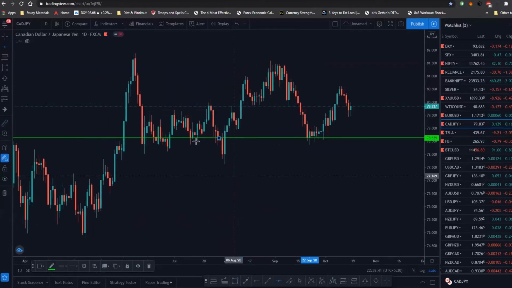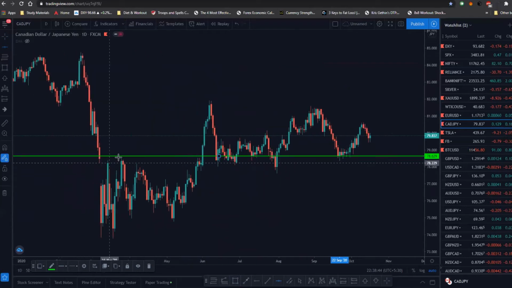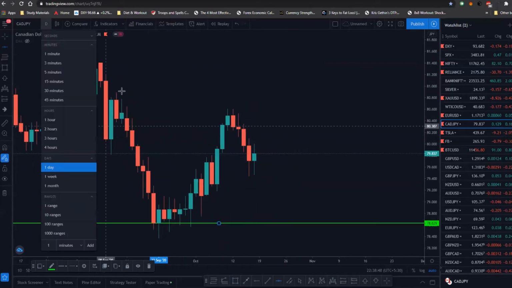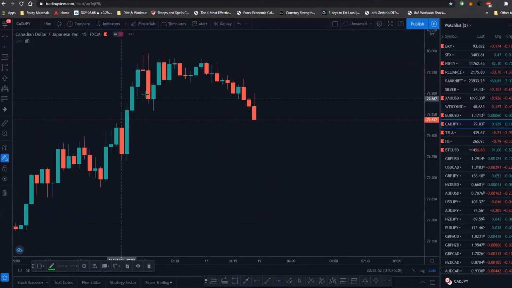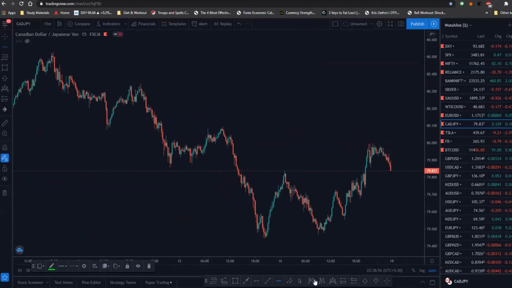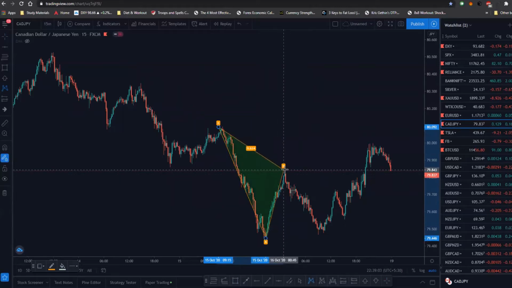Look left, we have quite a lot of structures over there. If you see in the 15 minutes, I already had my entry plan on this one. What I mean by that is I had a pattern over here, the Gartley pattern. Gartley, I believe, I don't remember. So X to A, A to B, B to C.